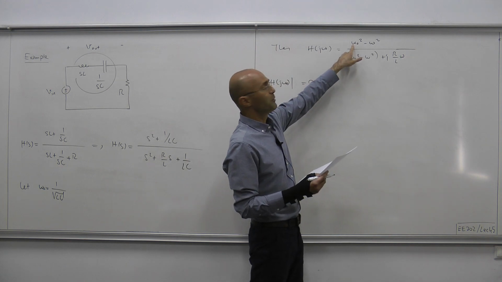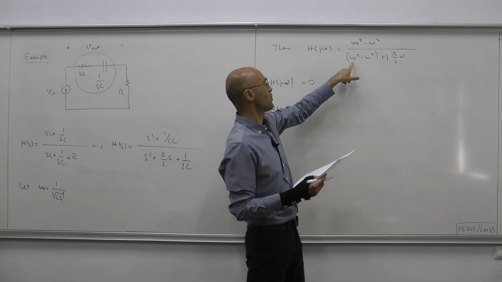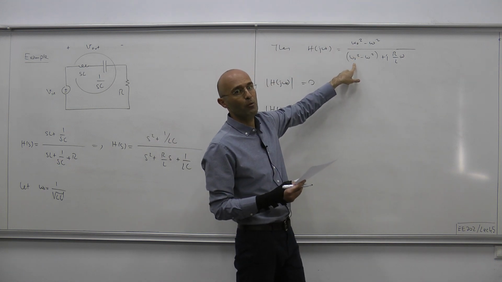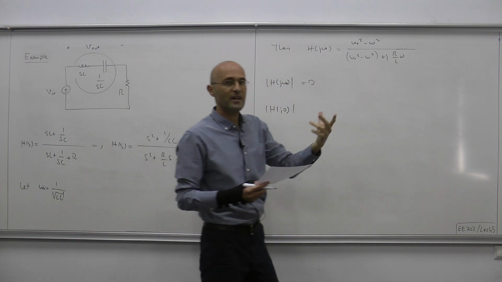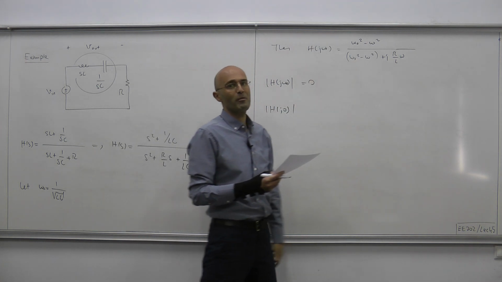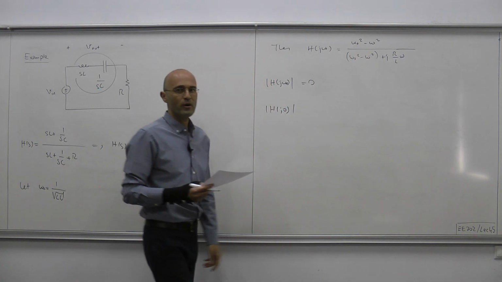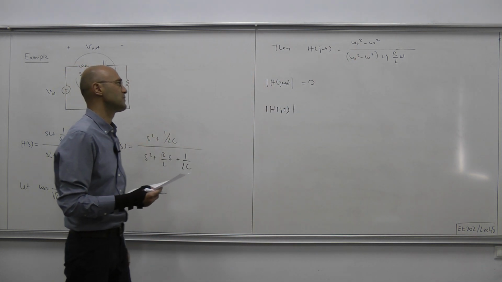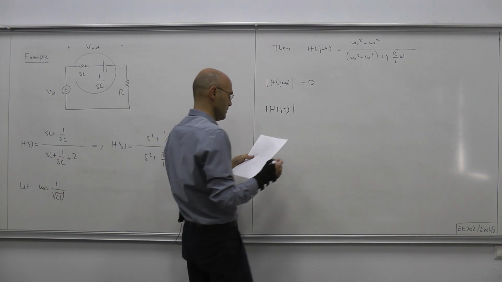Then the numerator is dominated by omega 0 squared, that constant. Likewise, the denominator is dominated by the constant omega 0 squared, because the other terms vanish, or can be ignored compared to omega 0. What we have is omega 0 squared over omega 0 squared for omega very small, and that produces something around 1.